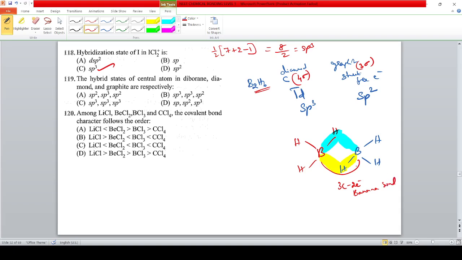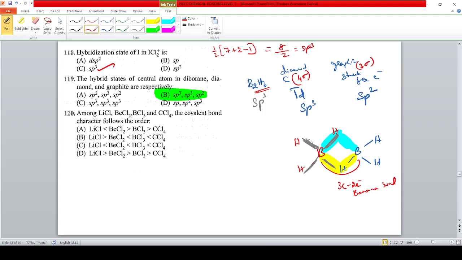Since this is like resonance, there are always 1, 2, 3 and a fourth pair around a boron. Boron has 4 pairs. 4 pairs means what is the hybridization? sp3. So the answer is sp3, sp3 and sp2.